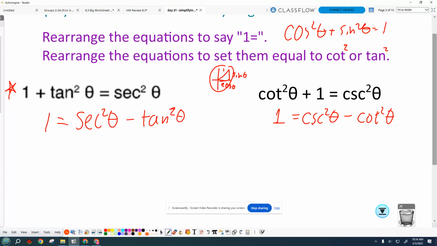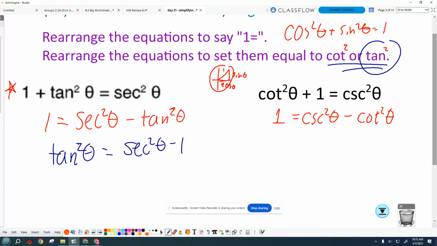Isla, yours is the next paper up here. How do I take that first equation and solve for whichever one of these is in it? What does tangent squared equal? Tan squared equals secant squared minus 1. Okay, and tangent squared equals secant squared minus 1.